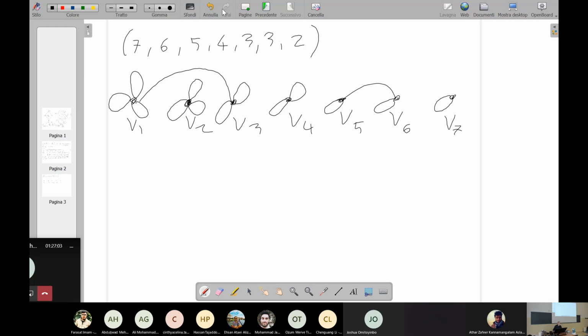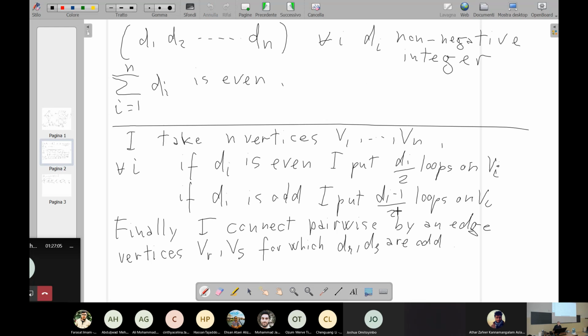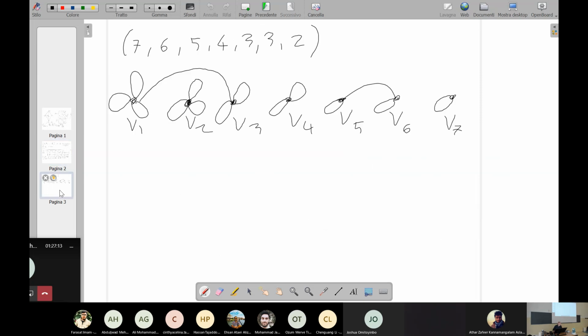My recipe is valid for any such sequence. Okay? You want to tell me how ugly it is? I absolutely don't care. Have I solved the problem? Yes. Was there a requirement of beauty? No. So my solution is valid.